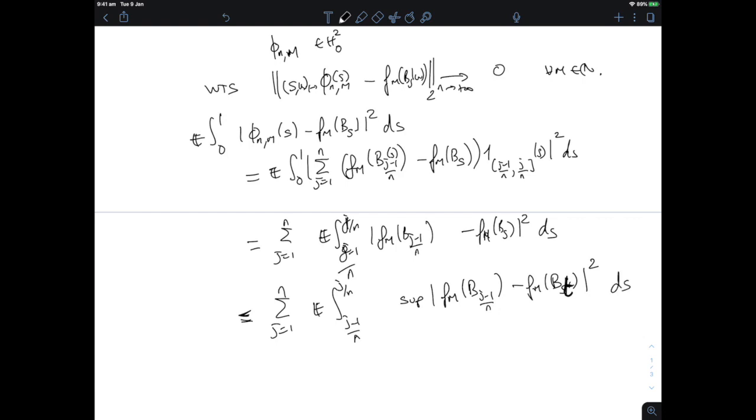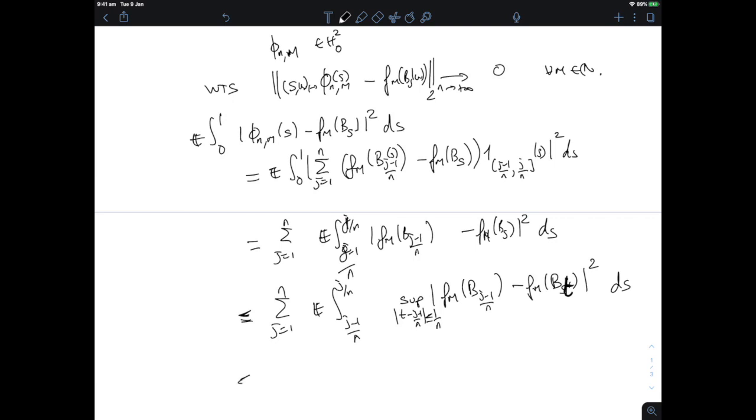So I make this independent of s, where t is such that t minus (j-1)/n is smaller than 1/n. Now I could even forget the (j-1)/n, but actually let's keep it like that. And now I'm integrating over s, and there's no s anymore in what I'm integrating because I've controlled it by a supremum of all those s's that are in the appropriate interval.